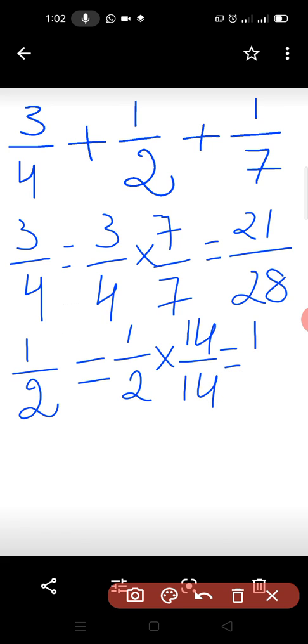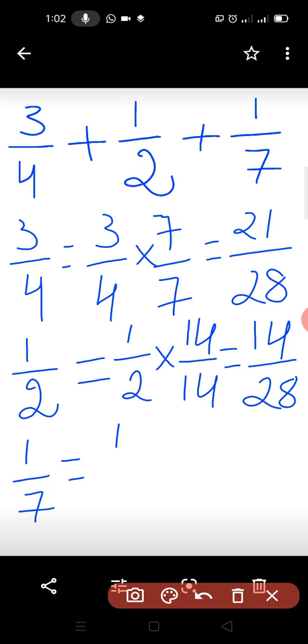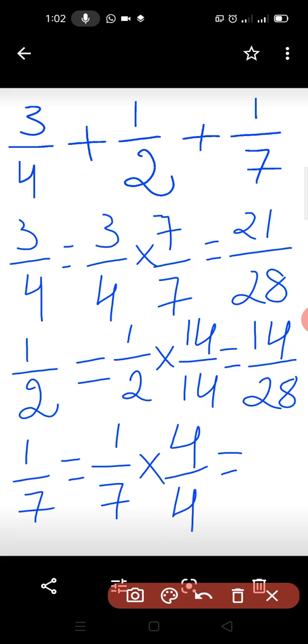So 1 14s are 14, 2 14s are 28. Next one is 1 by 7. So 1 by 7, 7 fours are 28. So we are going to multiply both the numerator and denominator by 4. 1 fours are 4 and 7 fours are 28.